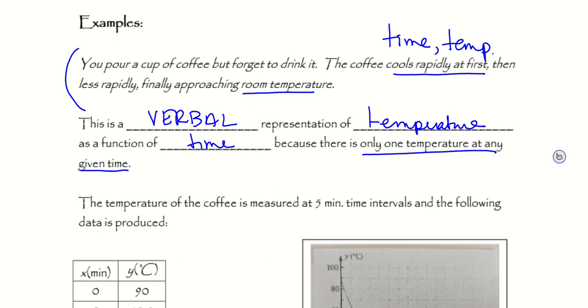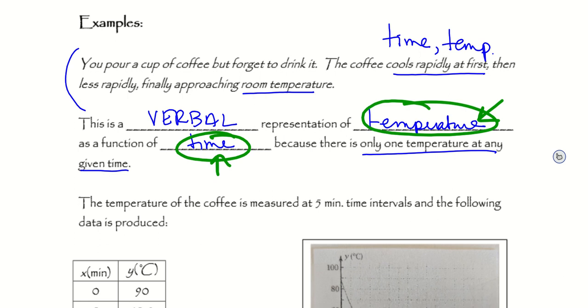If you think about our definition of a function, it follows that if temperature is a function of time, then for every time there is one and only one temperature, which would be true.